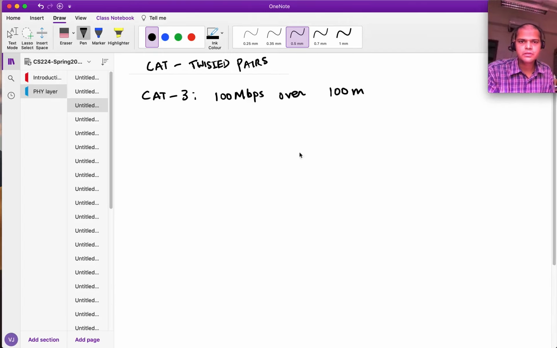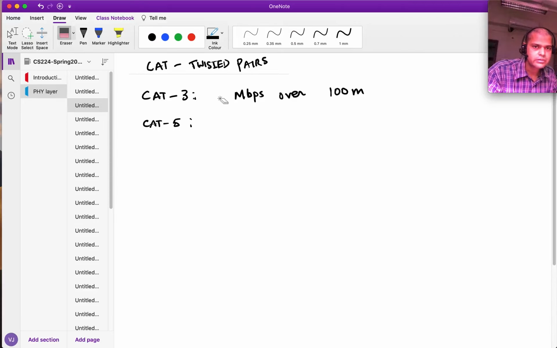We'll talk about that in a moment. So Cat 3, but if you buy a Cat 3 cable somewhere, essentially you can have 10 megabits per second transmission over 100 meters. Right? And Cat 5, as the category number goes up, you have a higher quality. So I beg your pardon, this is not 100, this is 10.